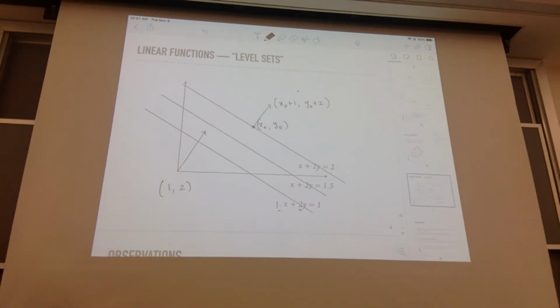Let me write it as c transpose x0 y0, which is just defined to be x0 plus 2y0. So if you now look at c transpose of x0 plus 1, y0 plus 2, this would be whatever the old value is plus some extra amount.